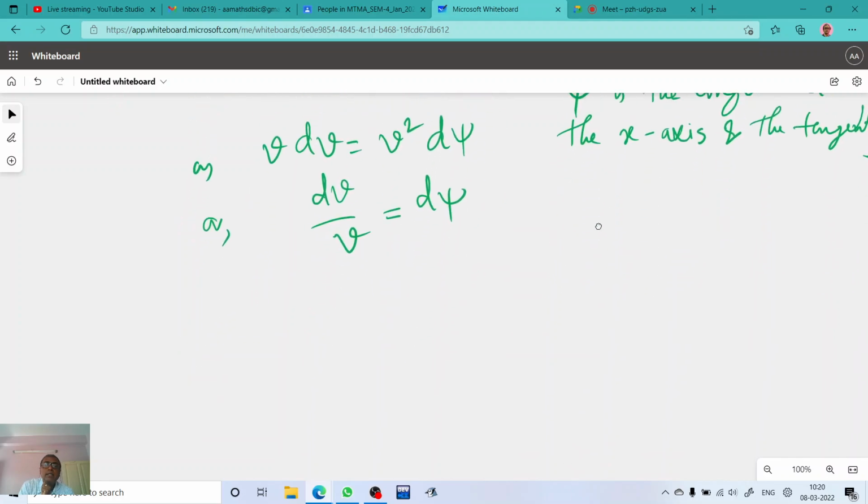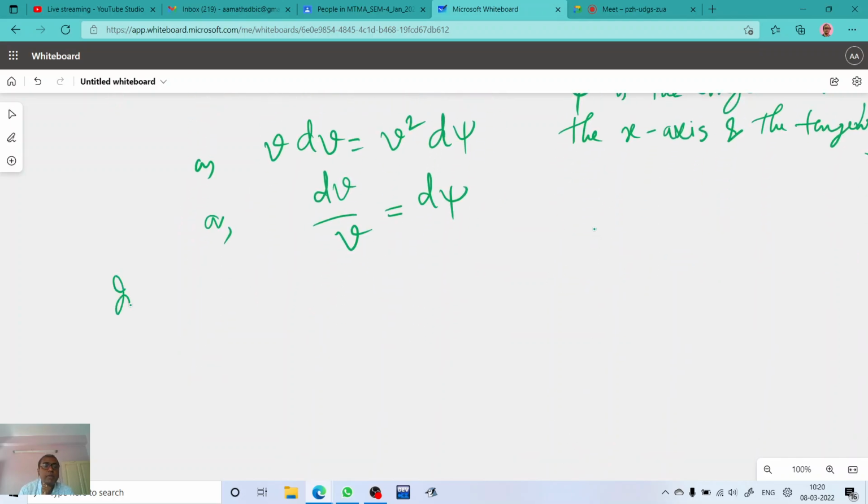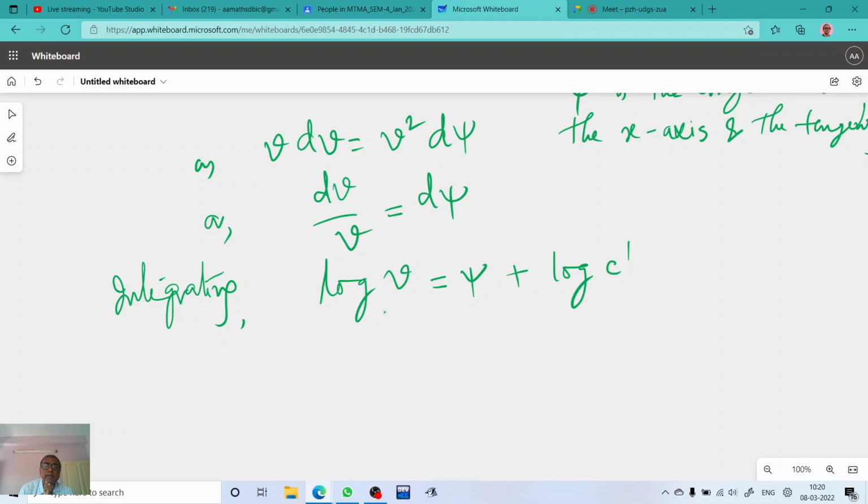Integrating this we get log v equals psi plus some constant, say log c dash. Here the base of the log is e, and c dash is an arbitrary constant.